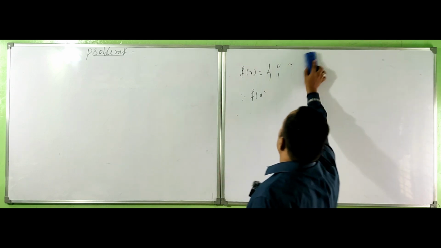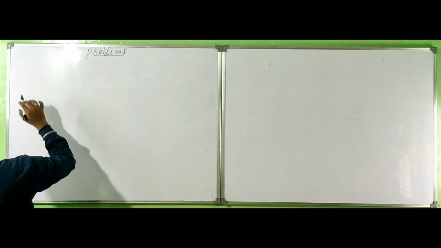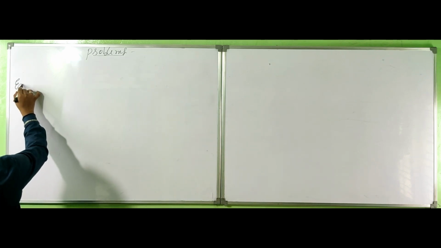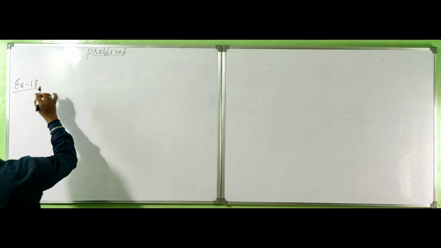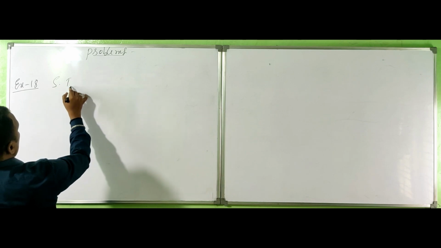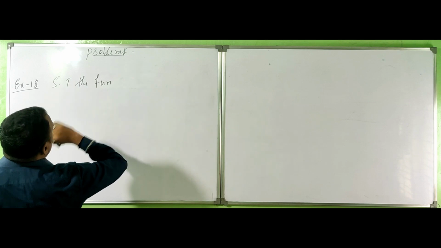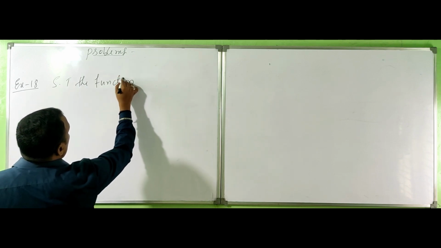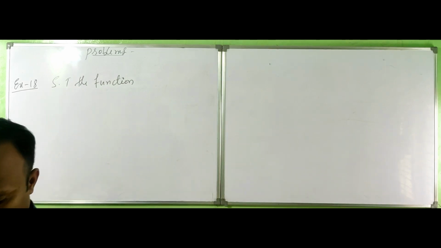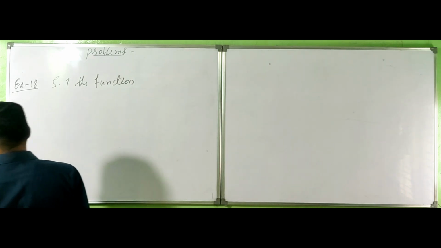One concept you actually have to know is the injective question. Example 18. Show that the function f defined from N to N by f of x is equal to x cube.